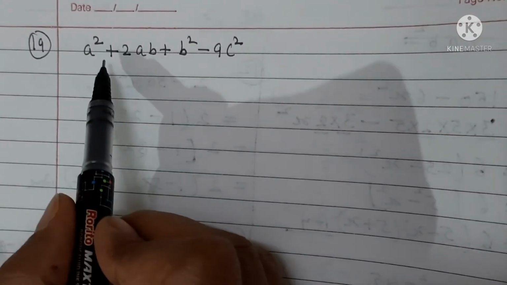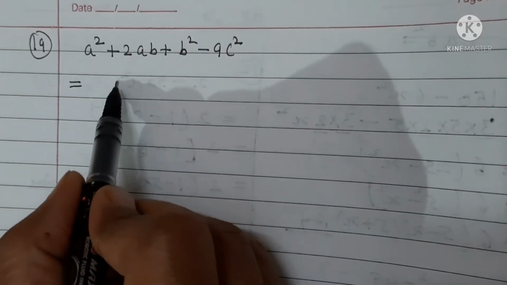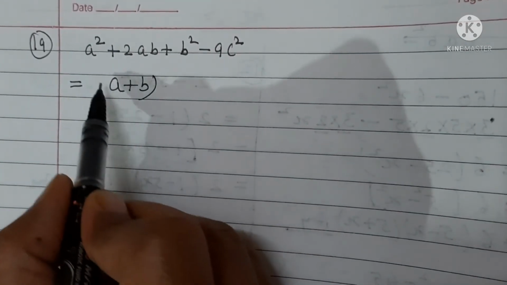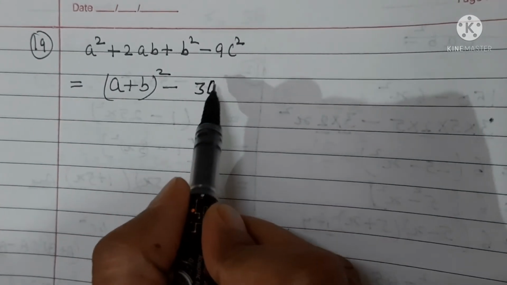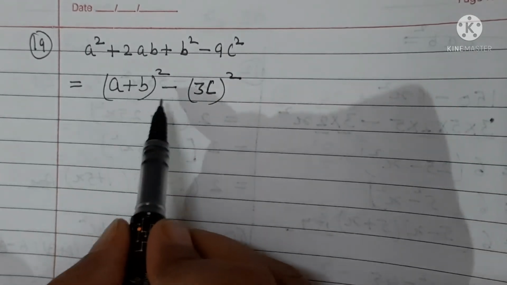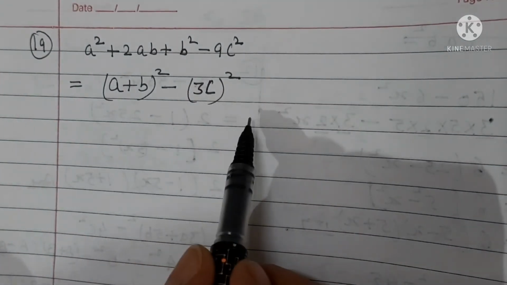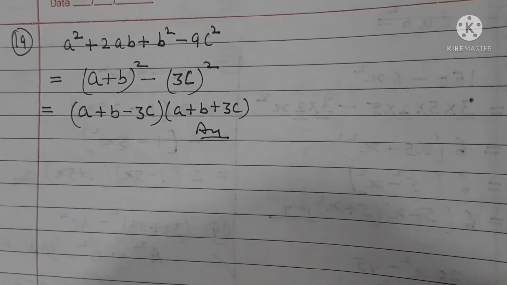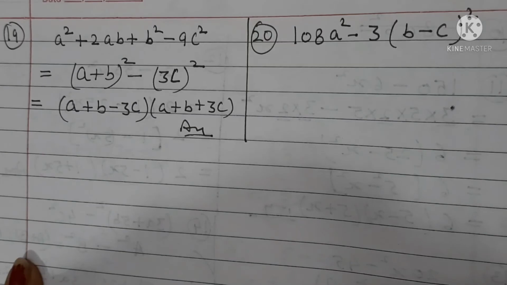So it becomes a square plus b square plus 2ab is equal to a plus b whole square minus 3c whole square, and use the identity a square minus b square is equal to a plus b, a minus b. Now see the answer. And next, question number 20.